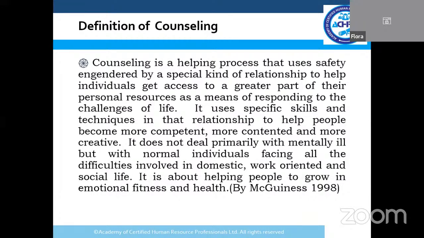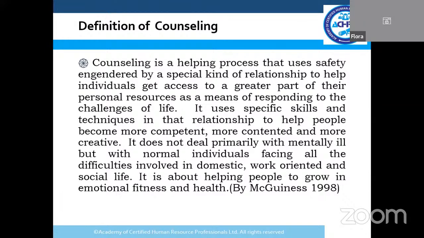It looks like these are real issues, but they are not really problems even. These are just challenges, just issues, just concerns, which need you to respond to them. When we don't respond to them, then they can take us to distress. So that's why we need to tap these resources so that we can respond to these issues, to these challenges, to these concerns, or to these problems which we are going through.